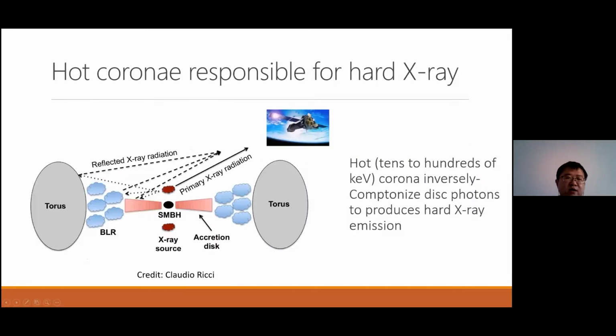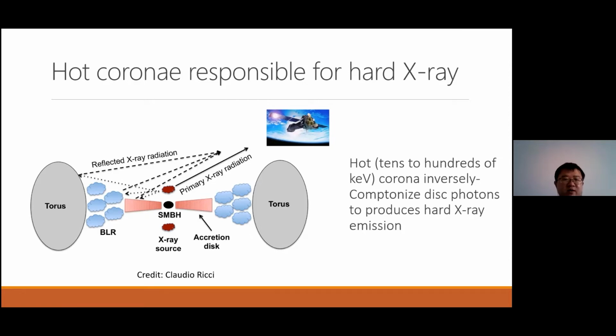And I think it's generally accepted that the non-thermal emission from AGNs and hot state X-ray binaries comes from the so-called X-ray corona. So the X-ray corona contains hot plasma with temperatures from, again, tens to hundreds of keV.